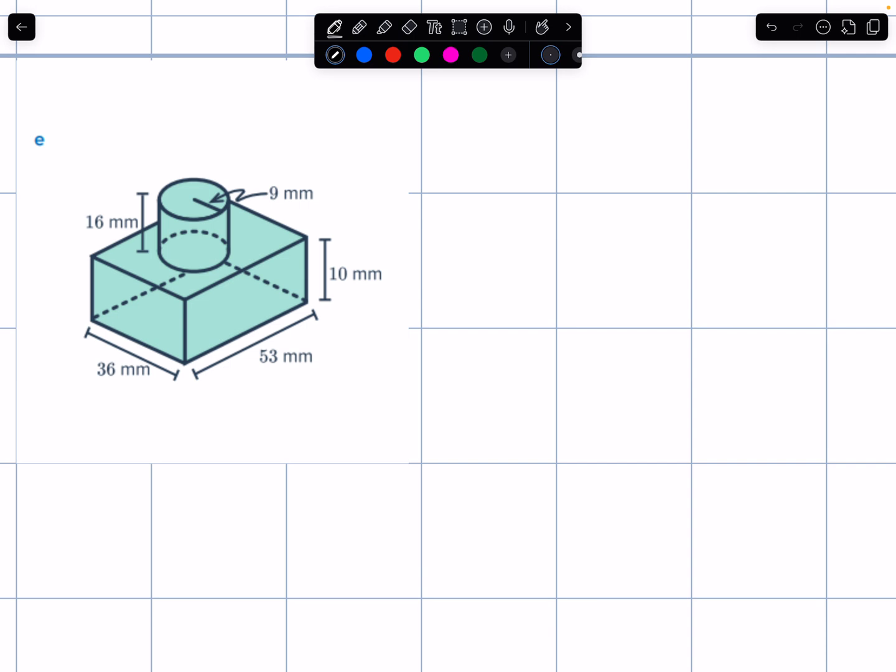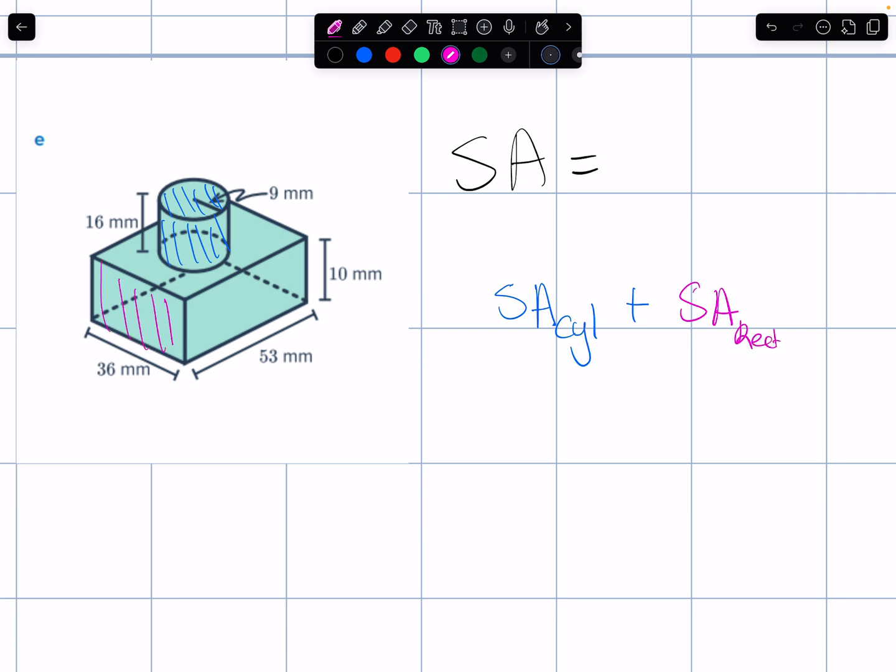So what we're going to do, we're going to say surface area is equal to the surface area, well, let's do it in a different color, blue. The surface area of a cylinder plus the surface area of a rectangular prism here.